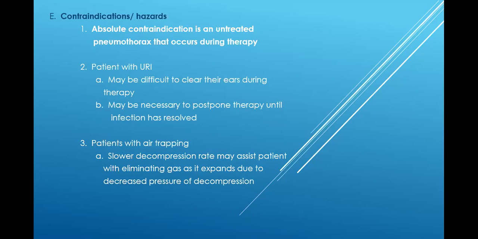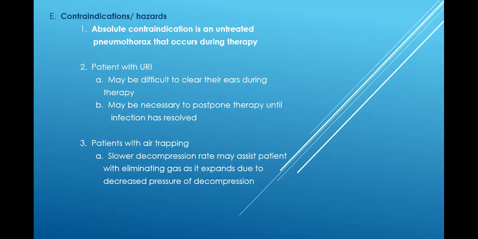All right, so the absolute contraindication for hyperbaric therapy is an untreated pneumothorax that occurs during therapy, or if they already got it. A pneumothorax is a hole in the what? The lungs. A hole in your lung is called a pneumothorax.